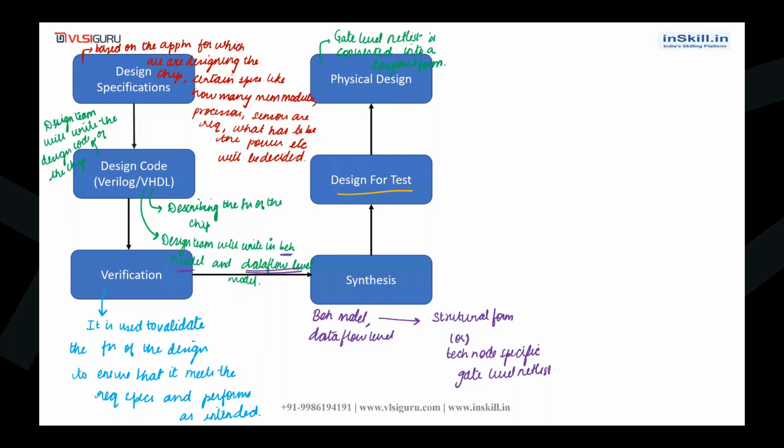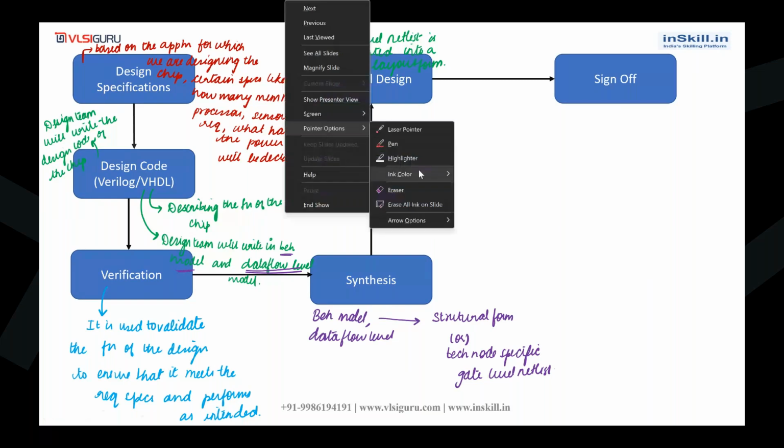So what will the physical design team do? The gate level netlist is converted into a layout form. And after that, we have sign off. In sign off, we are going to perform three things.